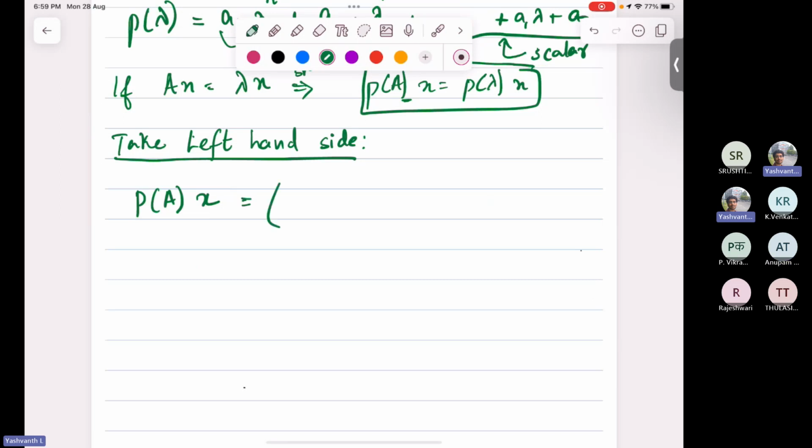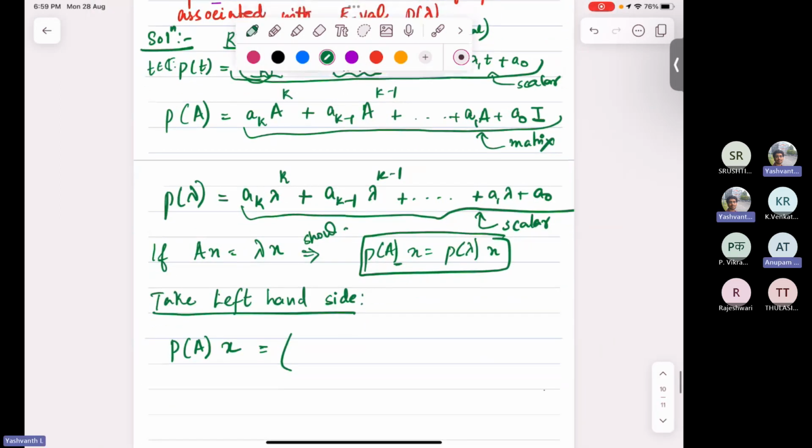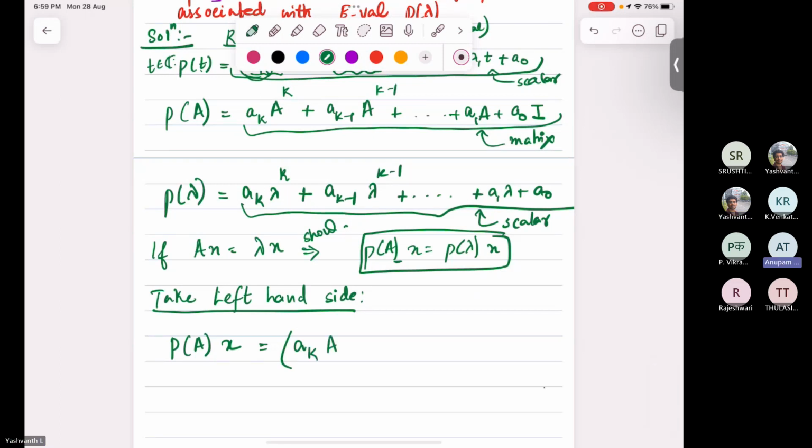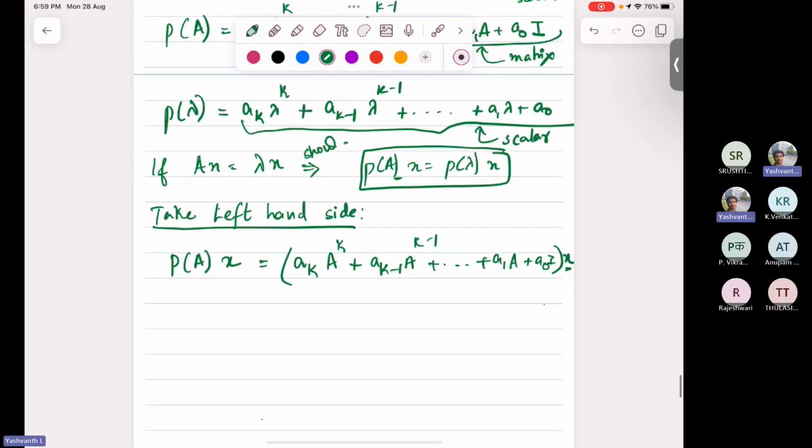Let me write down P of A: a_k A^k plus a_(k-1) A^(k-1), until a_1 A plus a_0 I, times x. Now distribute x inside: a_k A^k x plus a_(k-1) A^(k-1) x and so on till a_1 A x plus a_0 x.